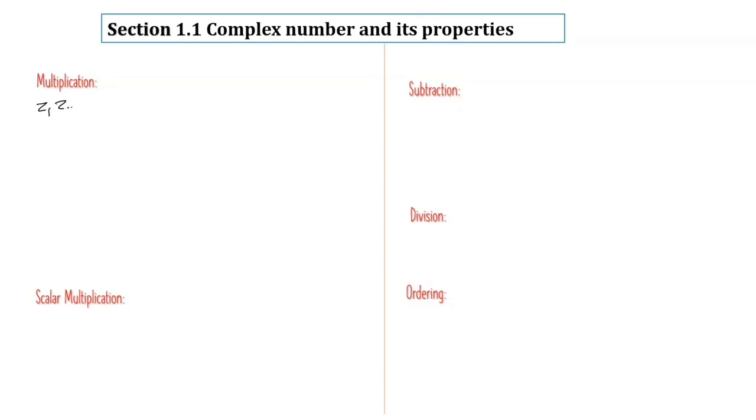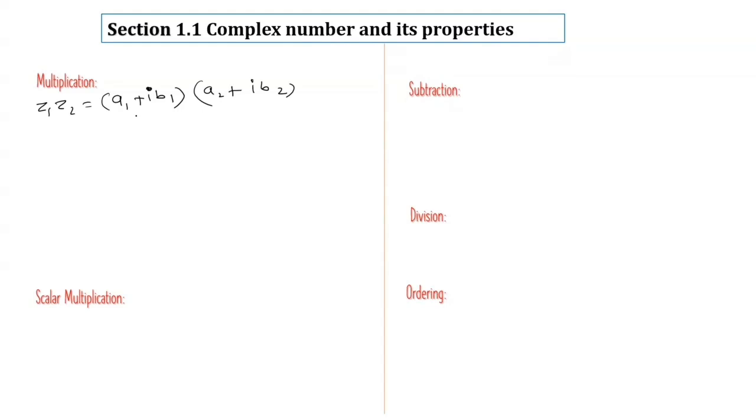Our next property of complex number is multiplication. So z1 multiplies z2. This is equal a1 plus iota b1 multiply a2 plus iota b2. So here we will do usual multiplication.